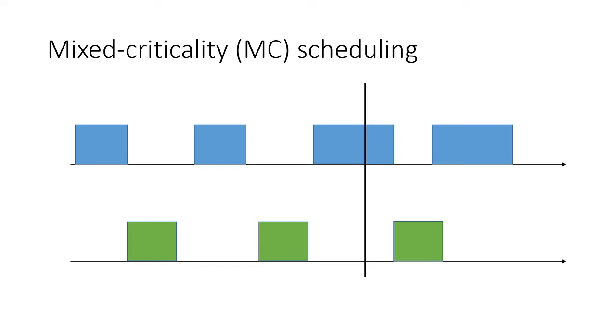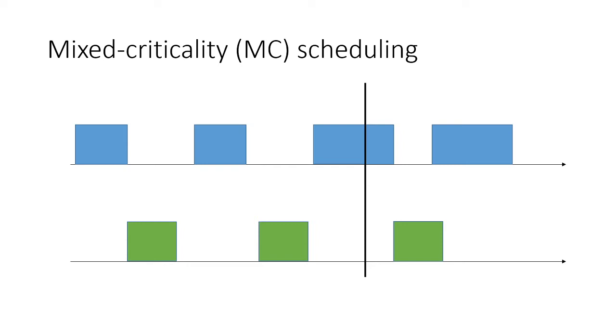In the mixed criticality model, a set of tasks with different criticalities shares the same platform, and each high criticality task in the task set has multiple worst-case execution time estimates indicating different assumptions.